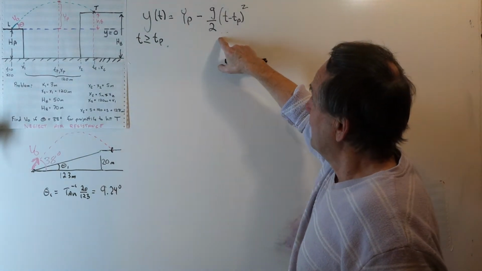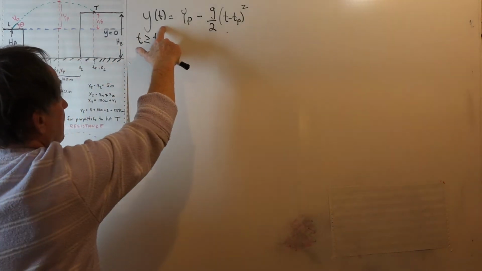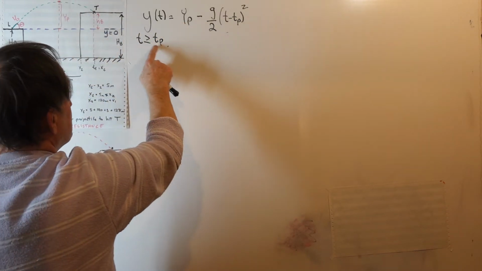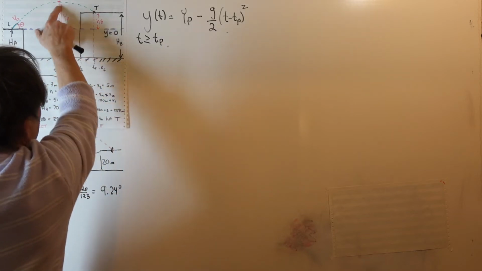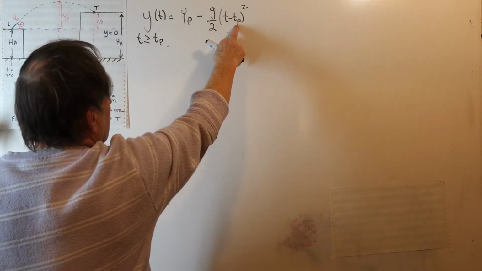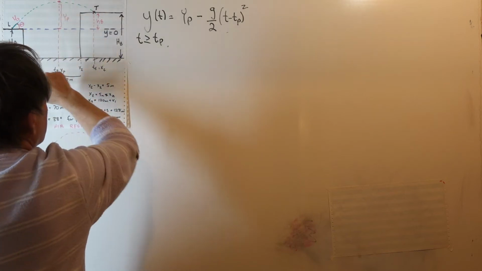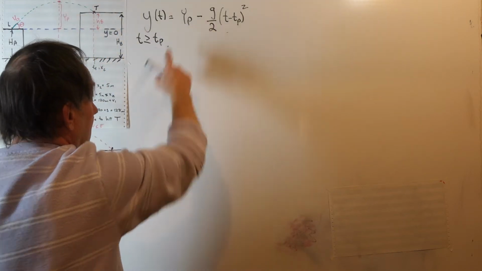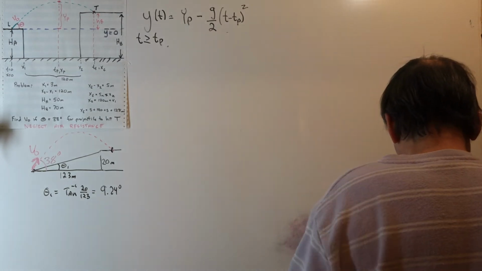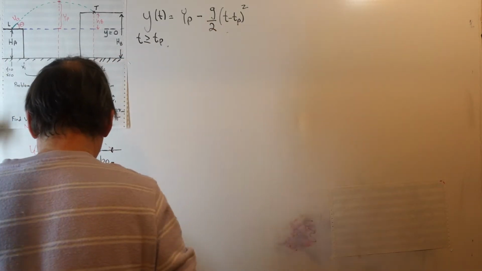We now have our equation that describes the vertical height of the projectile as a function of time after it has reached its peak. That is, this equation is valid for times greater than t peak. Now we need to get a relationship that relates the time the projectile takes to get to its peak to the actual peak height, y peak. And the way we do that is we need to solve for y peak in terms of t peak.